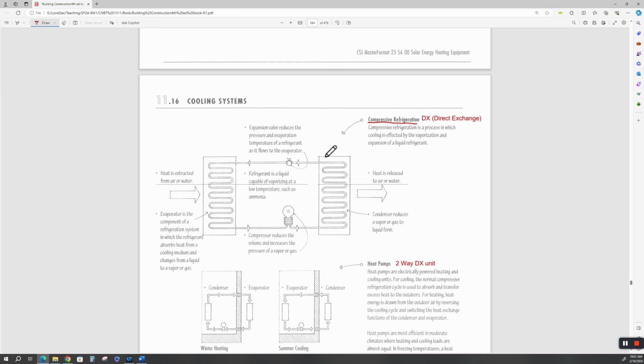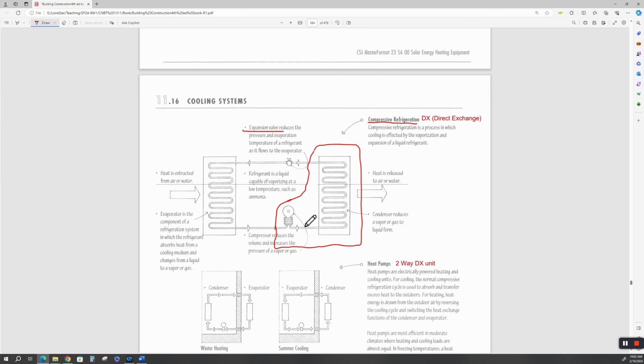This would be on the outside of your residence. He shows you the expansion valve up here, but your expansion valve in your unit is up here with the air handler in the attic itself. And this would be on the outside where the compressor's at. This would all be housed in that big noisy thing outside with the cooling fan on it.